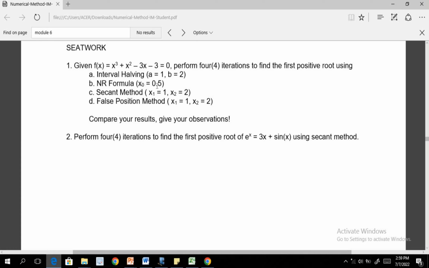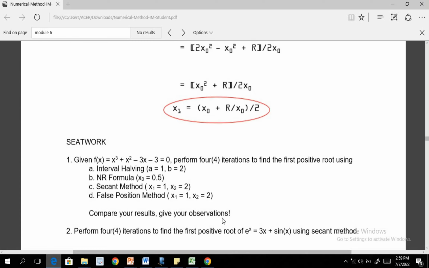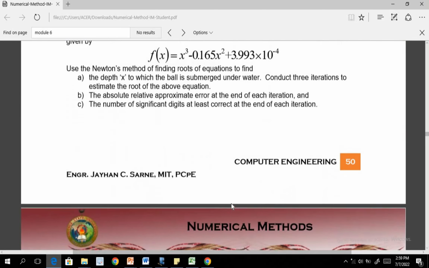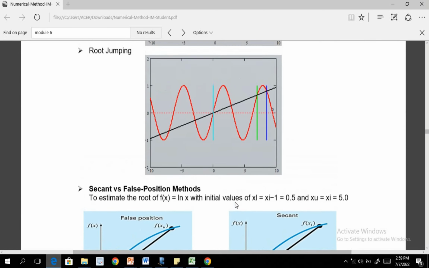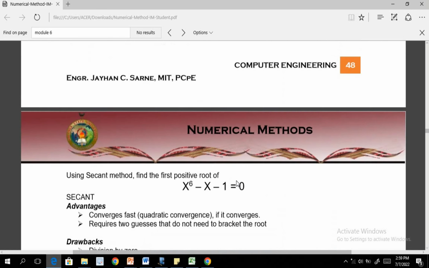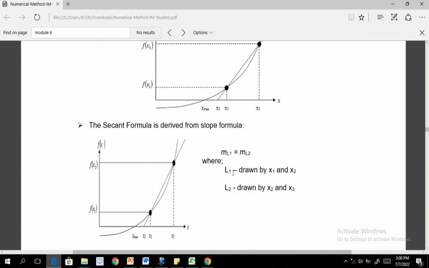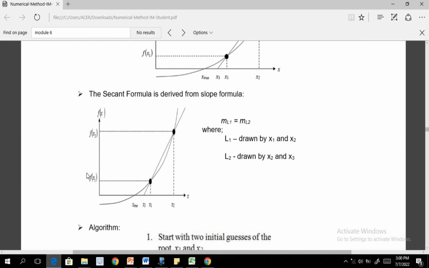Baka sabihin nyo, ano yung x1, ano yung x2? Now, if you try to go here in your notes sa may secant method, balikan natin yung ating notes. Kung papansinin ninyo yung graph, ang x1 natin ay ito, sa baba.